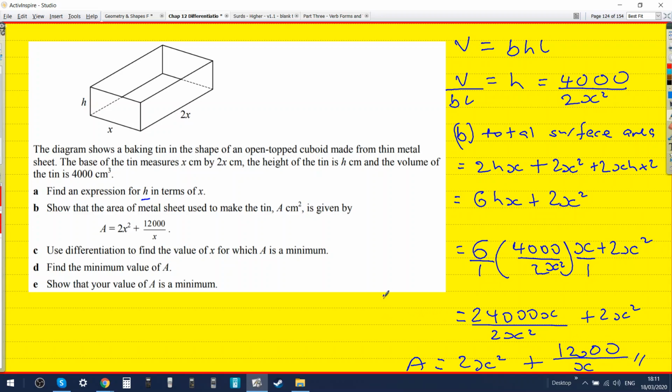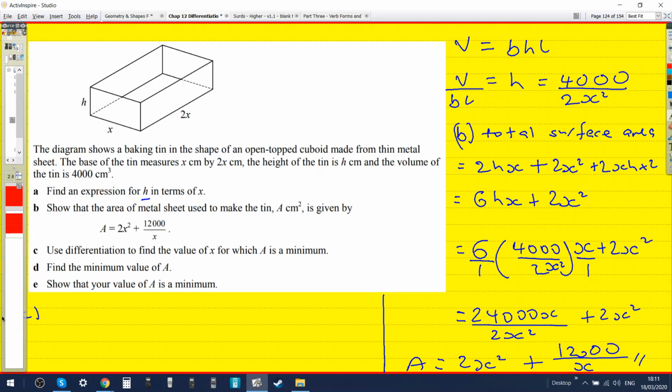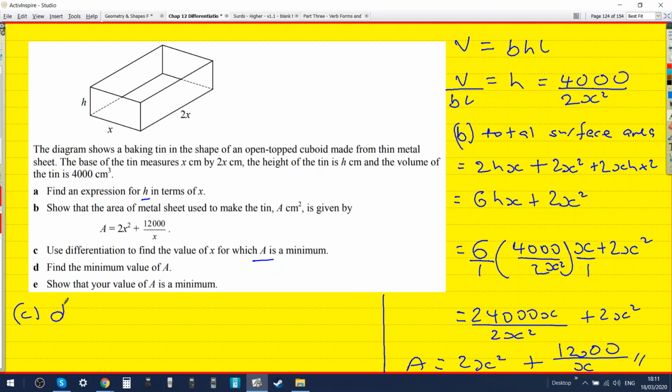Part C. So is it like dx/dh or something like that? To find the value of x for which A is a minimum. So dA over dx.